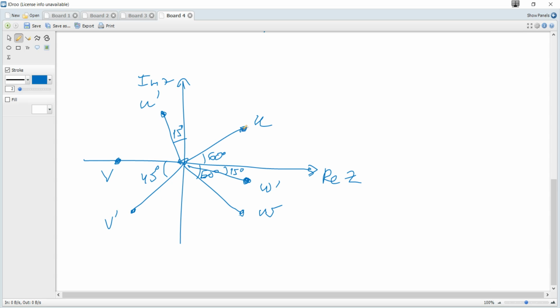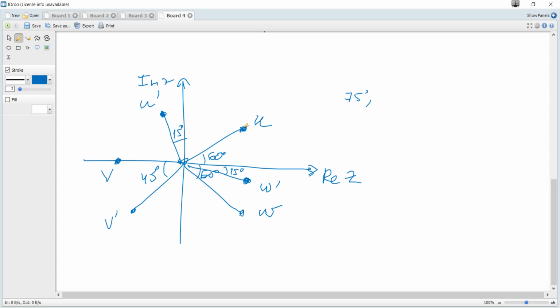And let's find the angles between consecutive values. What do I mean? You can see that there are 60 plus 15, 75 degrees between u and w primed.